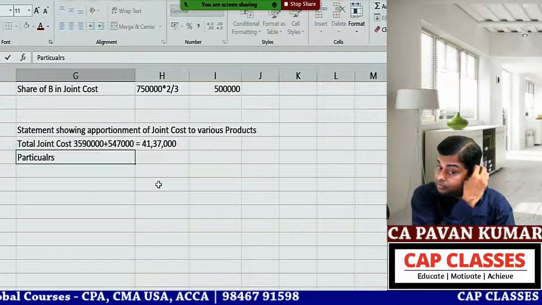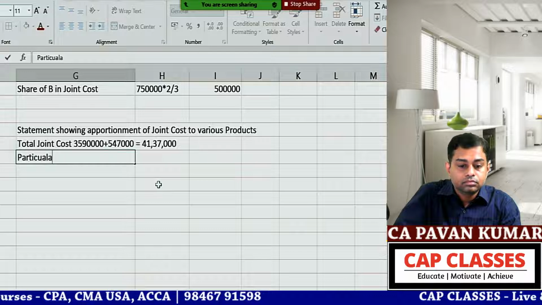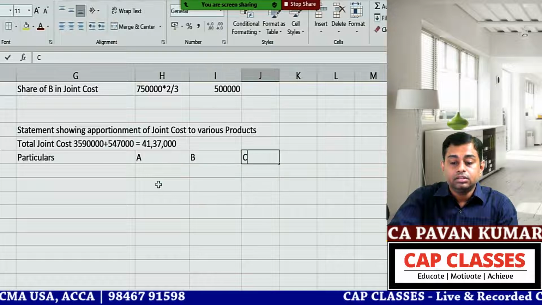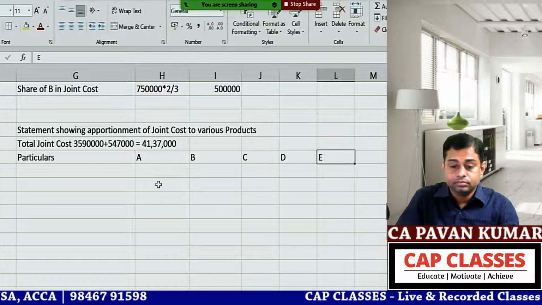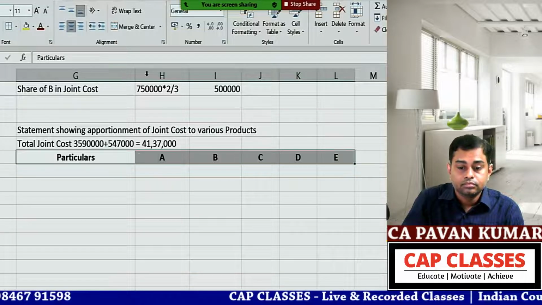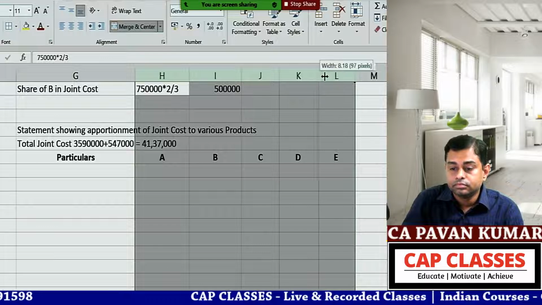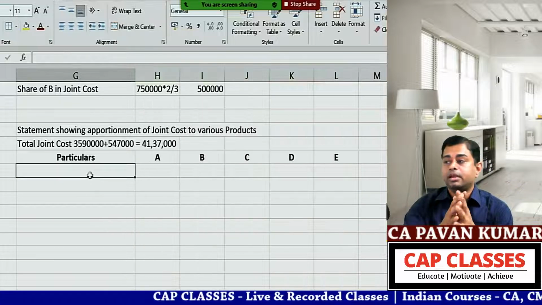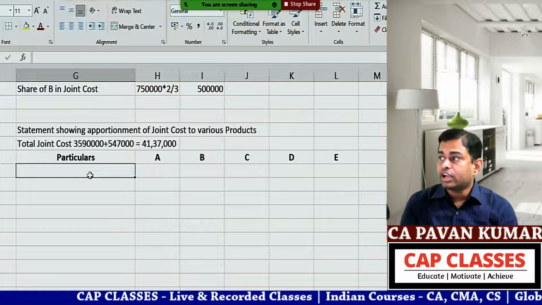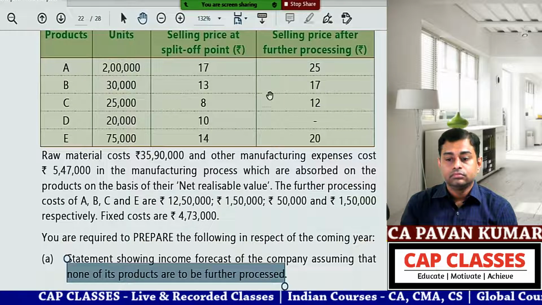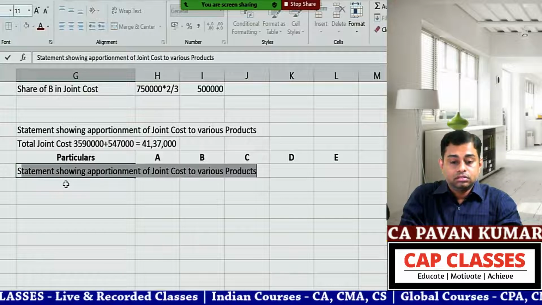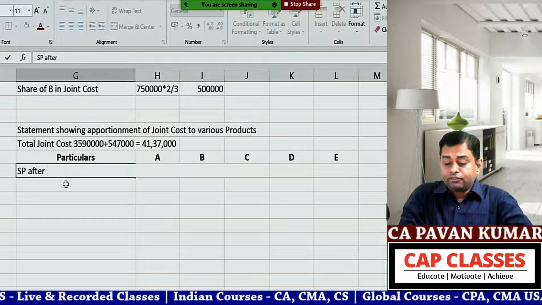Particulars A, B, C, D and E. So take sale value after further processing.